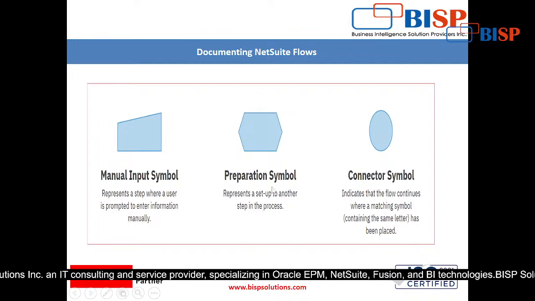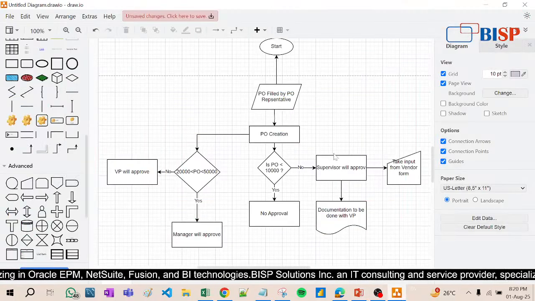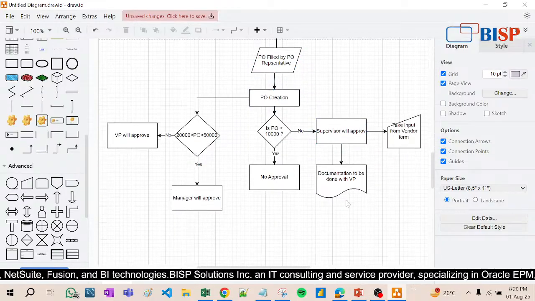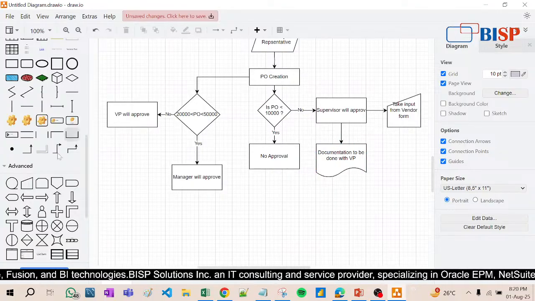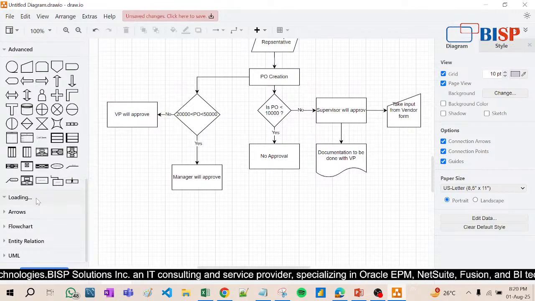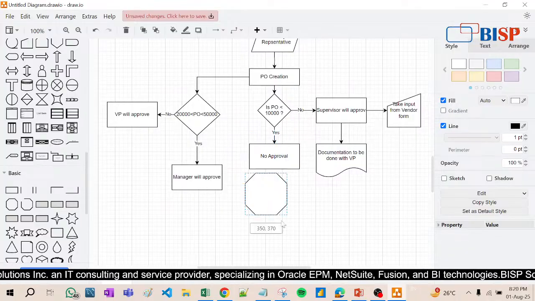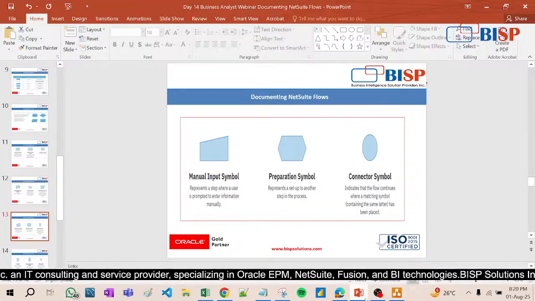Then the preparation symbol. Preparation represents a setup to another step in the process. That means, suppose I am talking about the P2P process, purchase to procure, right? Again talking about NetSuite only. So here, purchase to procure, the supervisor will approve, okay, documents will be done. Now what I will do, I will add here one parallelogram. That's the icon that I was showing you here. Look at this parallelogram.